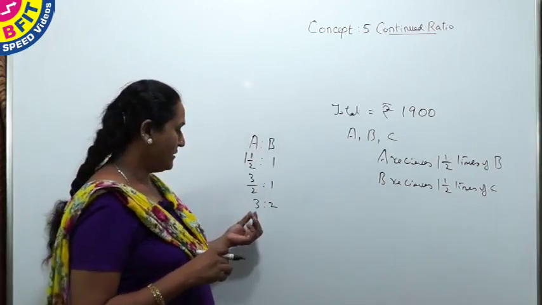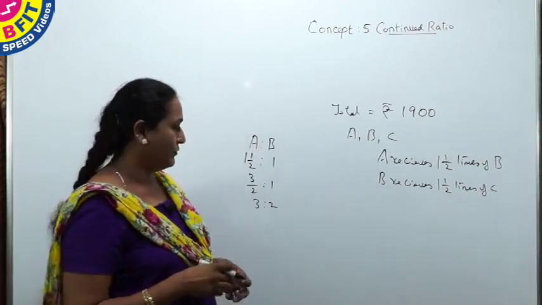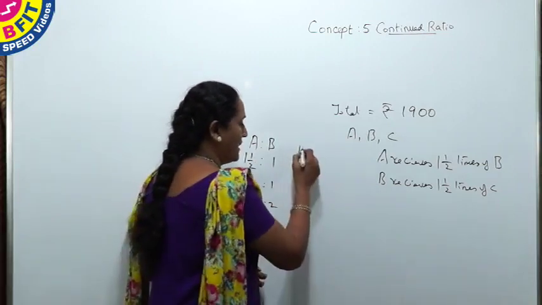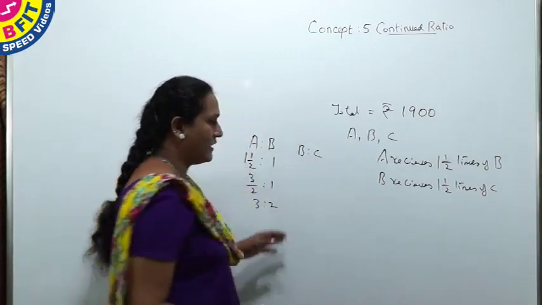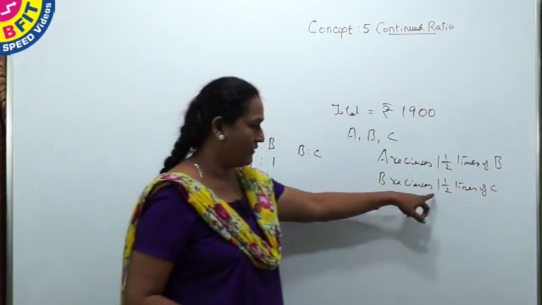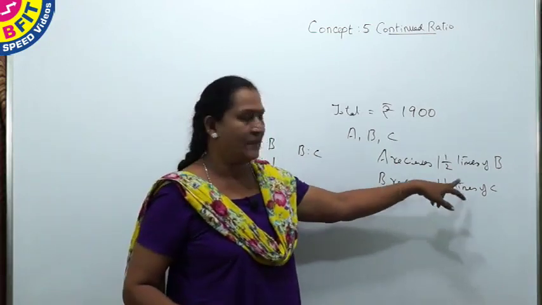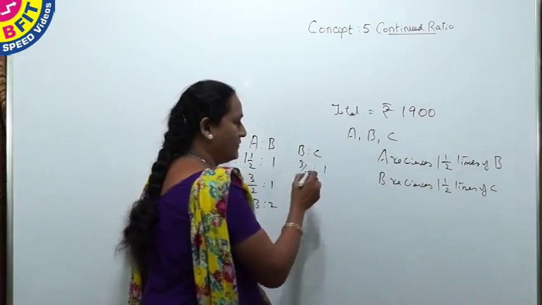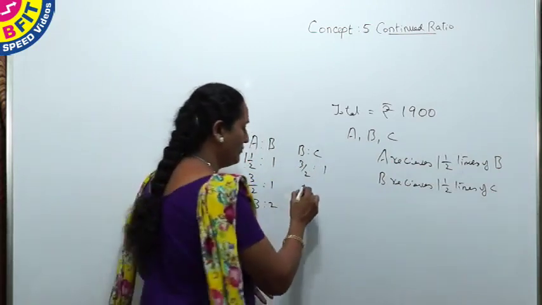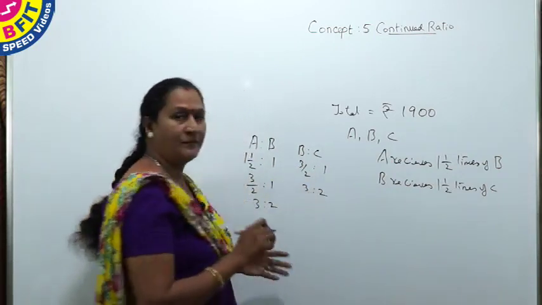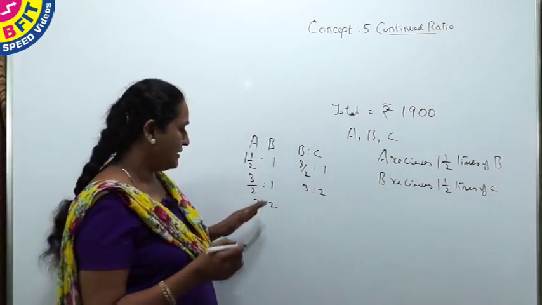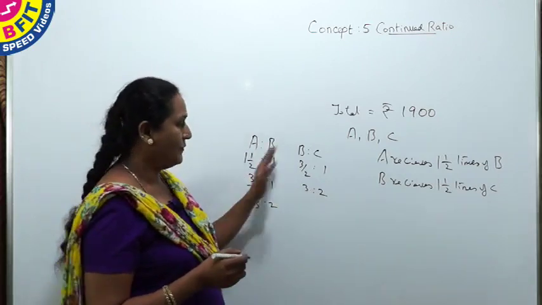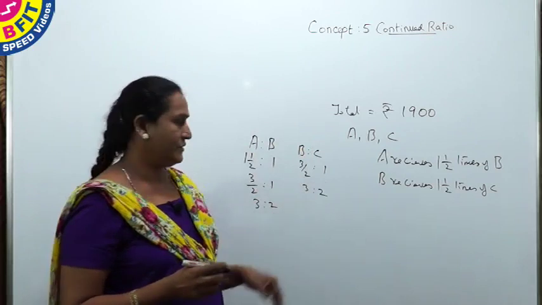A and B receive an amount in the ratio 3:2, and now for B and C, it is the same factor they have given. B receives 1.5 times of C. C will be the base, and B will receive 1.5 times, meaning 3/2, which is the same 3:2. So A and B receive in the ratio 3:2, and B and C receive in the ratio 3:2.